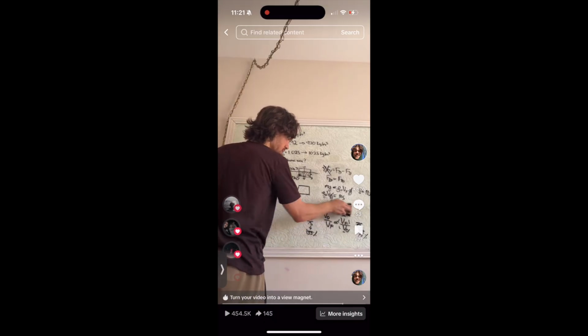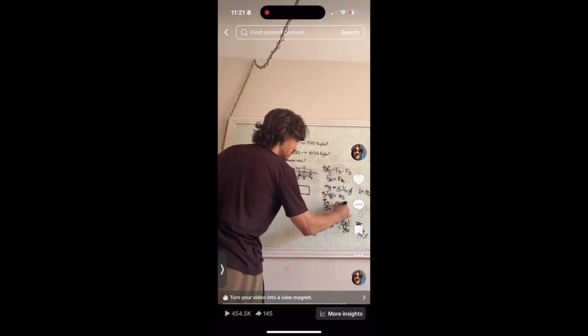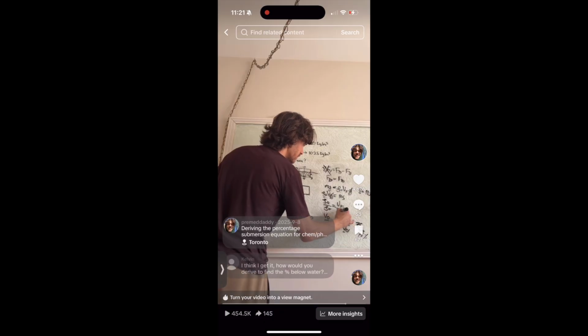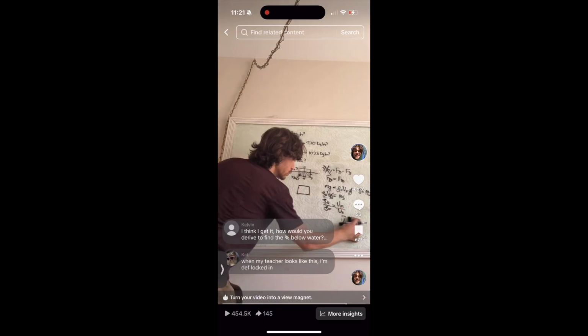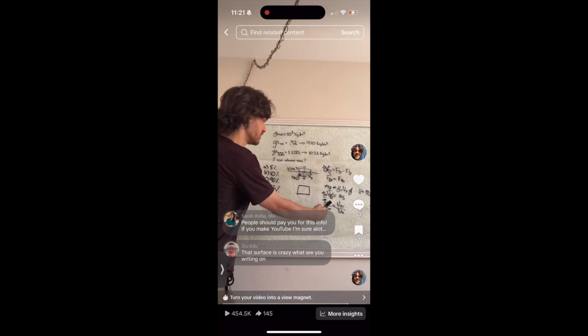The final equation is going to look something like the following. Density of the object over density of the fluid equals volume of the fluid over volume of the object. Okay? Then from here, we're going to go a little further. What's the density of the object?